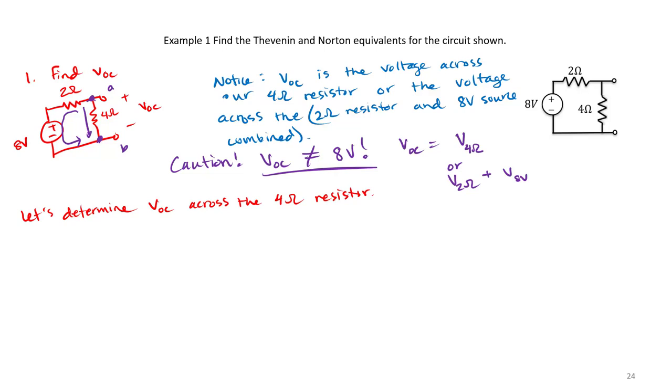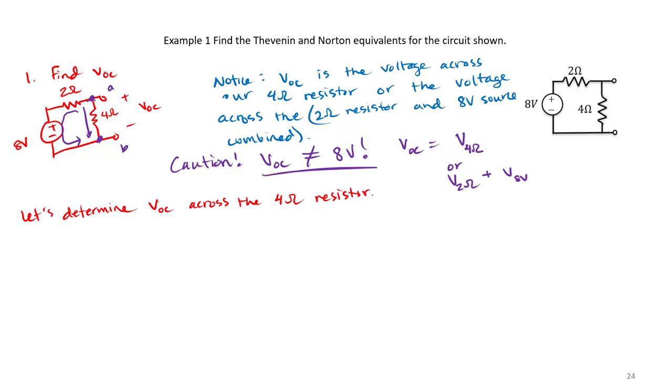Based on those rules, you could consider counting the number of nodes and meshes in your circuit. If you do that, you could see, in this case, there's a few different approaches. You could do a node analysis using the node right at point A. You could also apply Kirchhoff's voltage law and recognize that the 2 ohm and 4 ohm resistors are in series with that 8-volt source.